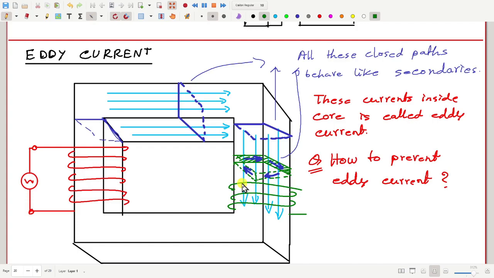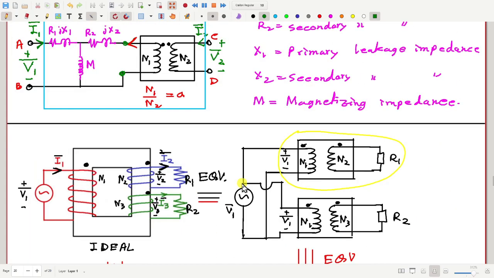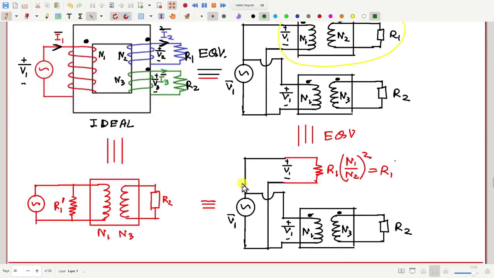Then we saw that in this example, if we have multiple secondaries in a transformer, we can keep one secondary as it is, and the other one we can model by transforming the impedance or resistance of this secondary to the primary side.